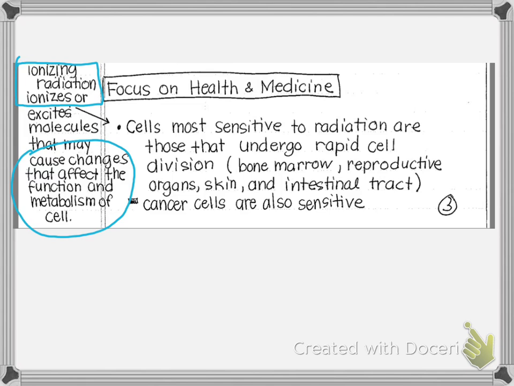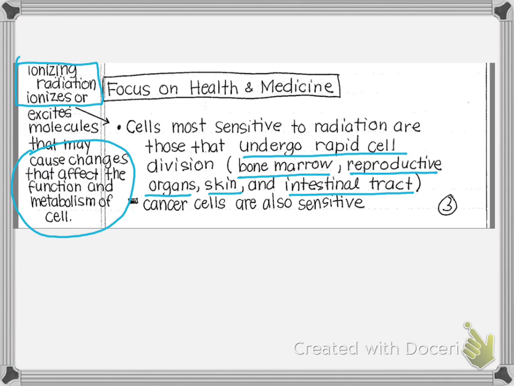Cells that are most sensitive to radiation are those that undergo rapid cell division. In a healthy body, it's things like bone marrow and reproductive organs, skin, and your intestinal tract. This is also true for children who, as a general rule, have cells that are growing faster than adults.